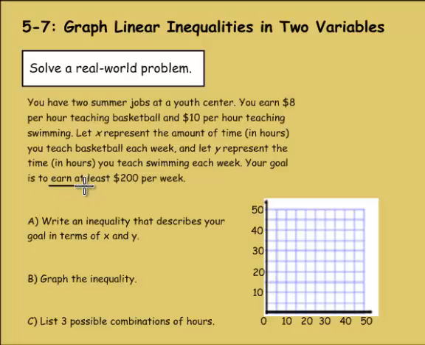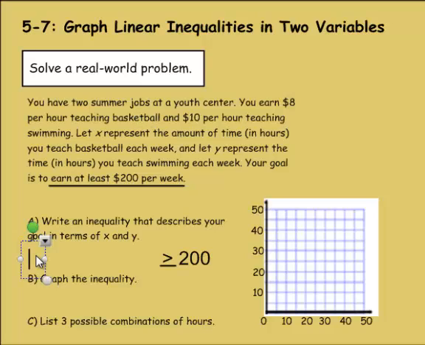Well, I know the goal is to earn at least $200 per week. So at least looks like this, greater than or equal to $200. And then I need to figure out how I can earn that. Well, x is the time in hours you teach basketball. I get $8 per hour teaching basketball.